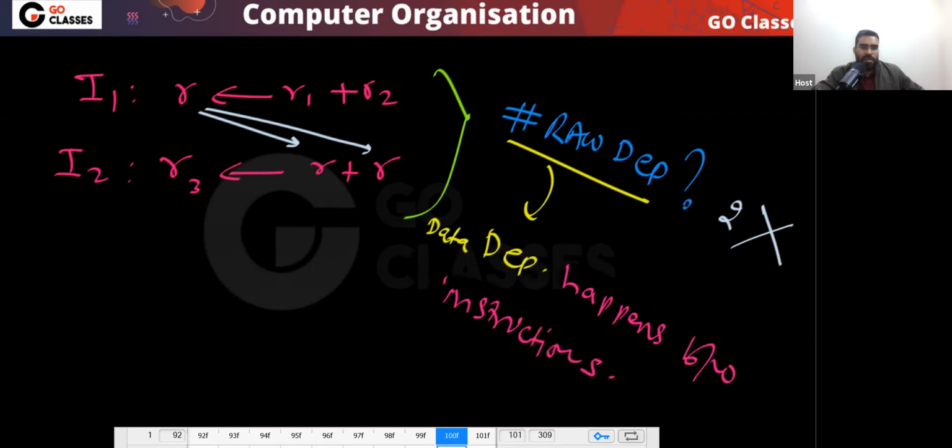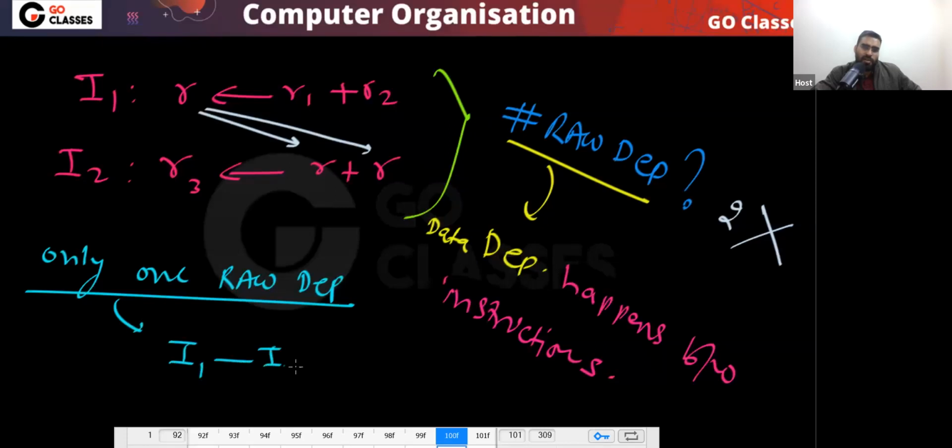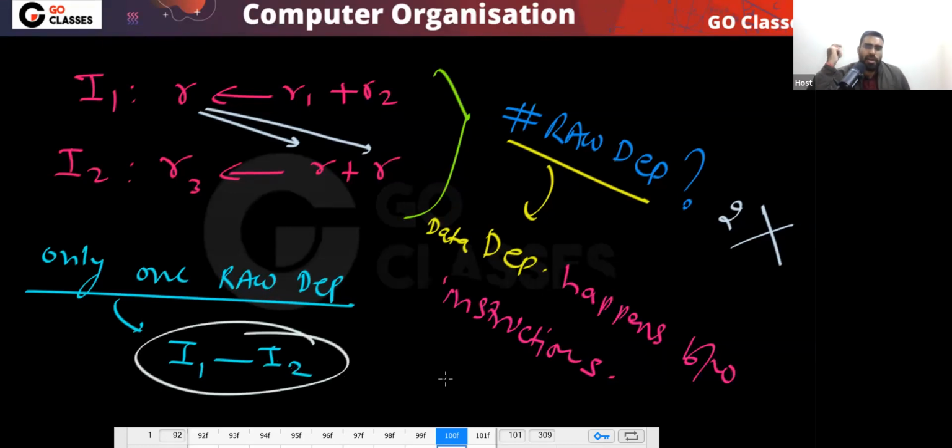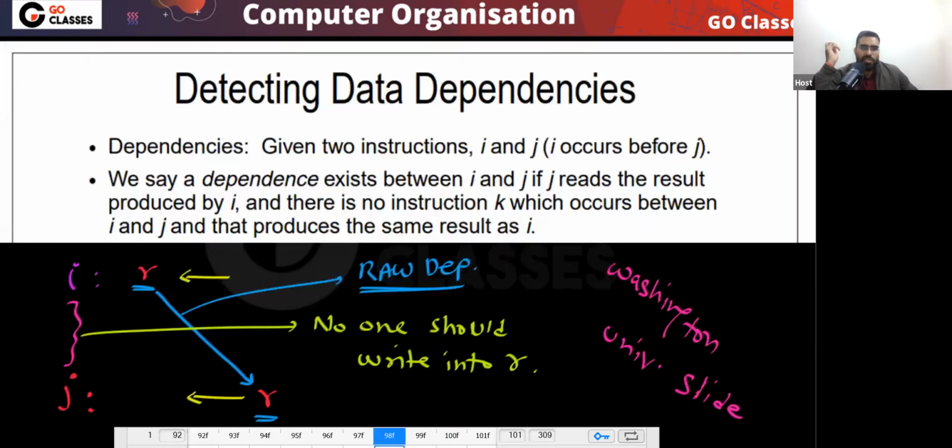So in this, there is only one RAW dependency, and that RAW dependency is from I1 to I2, or between I1 and I2. Clear or not? There is only one RAW dependency here, because data dependency happens between instructions. Dependency exists between instructions. So this is your concept of RAW dependency.